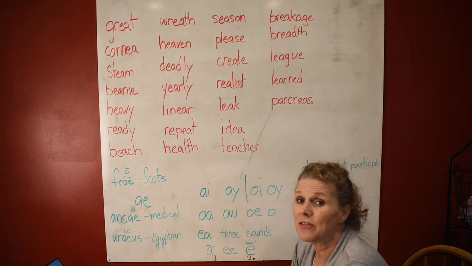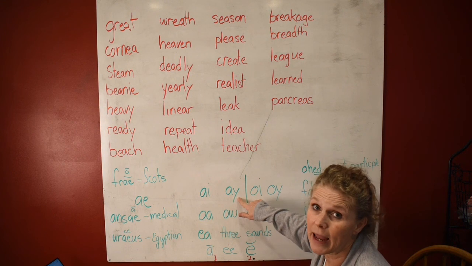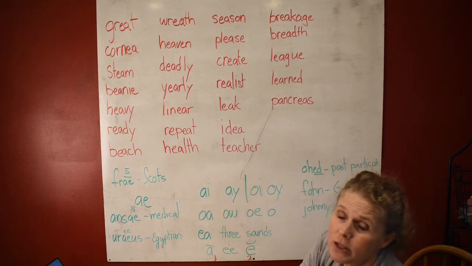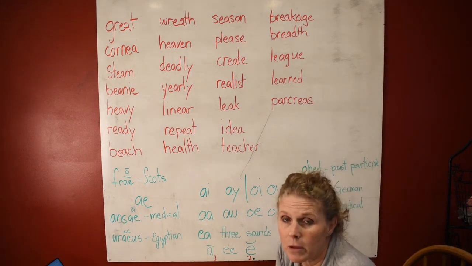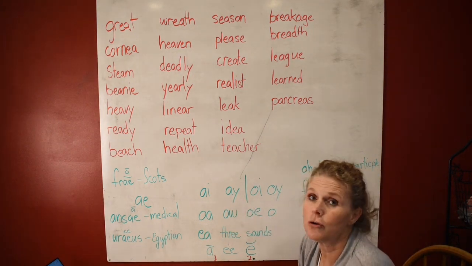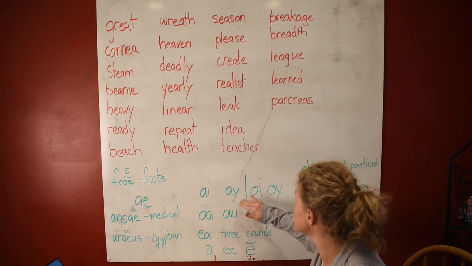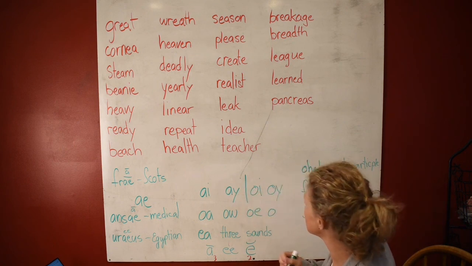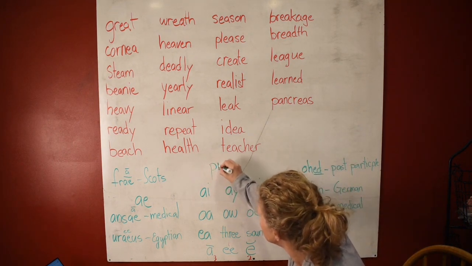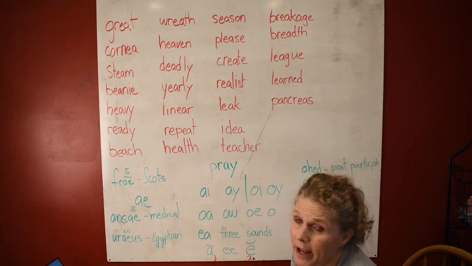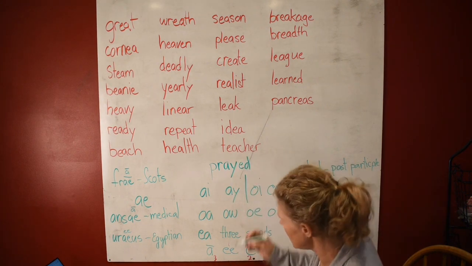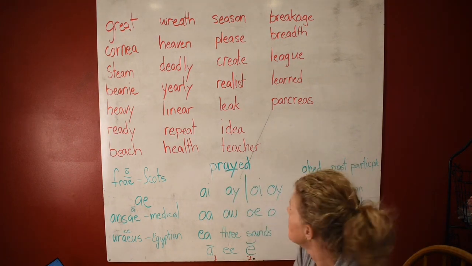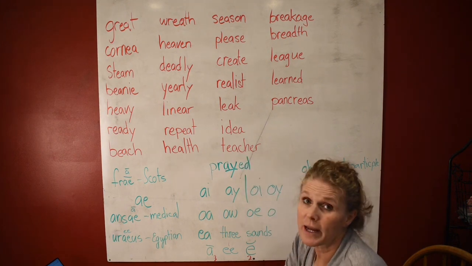Now, if you want A at the end of a word, you need to use AY most of the time. And AY, well, you say, well, I've seen AY in the middle of a word. That's because you have seen AY with suffixes added onto it. Because once we add suffixes onto this, look at this word. So we have pray, and we're going to add our suffix ed, and prayed. So you have AY in the middle of a word, but really you have your base word pray.